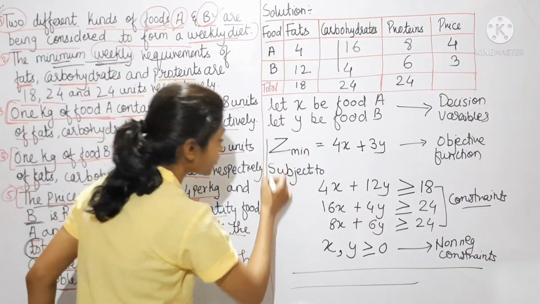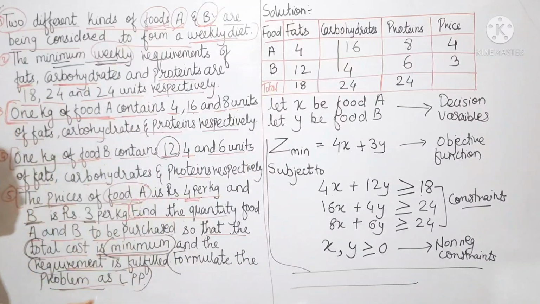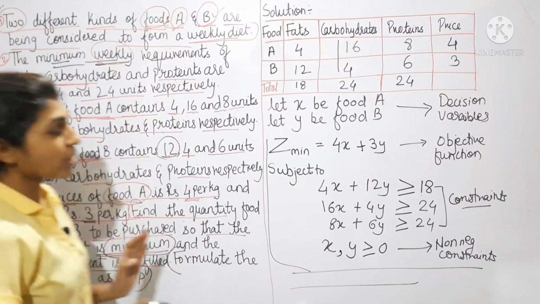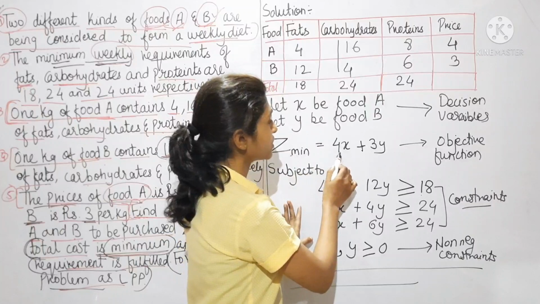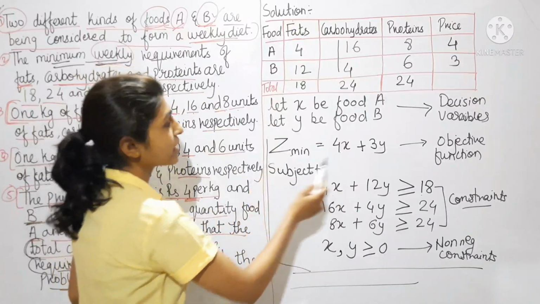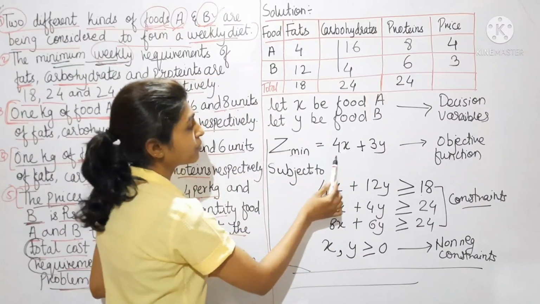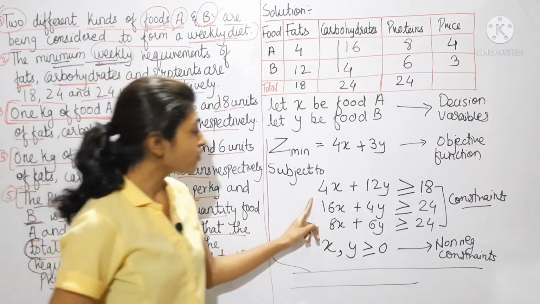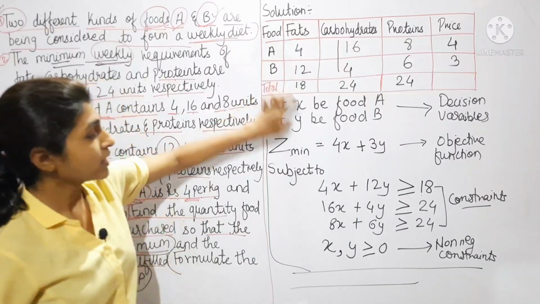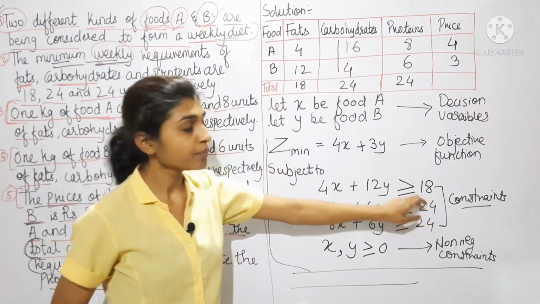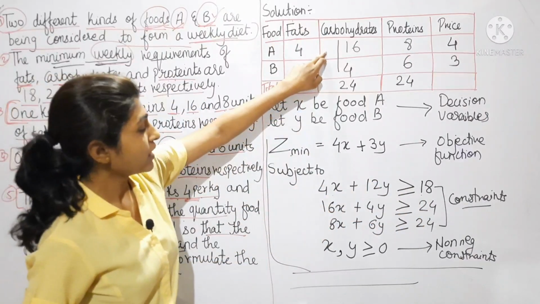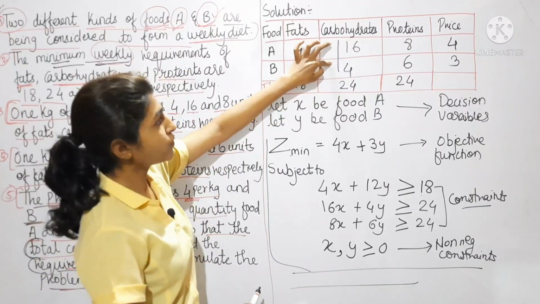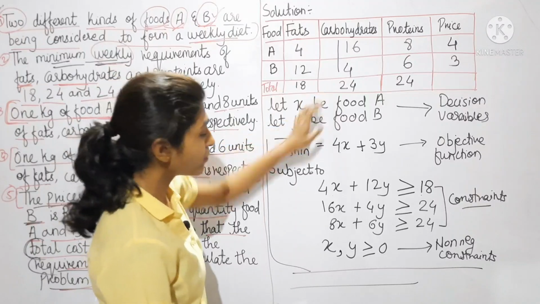In this way you have to formulate the LPP for the problem. The decision variables are x and y. Minimum Z equals 4x plus 3y is the objective function, subject to 4x plus 12y greater than or equal to 18, the fat constraint. Next, the carbohydrate constraint: 16x plus 4y greater than or equal to 24.